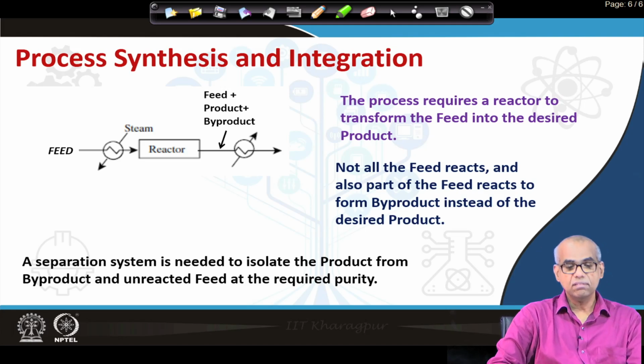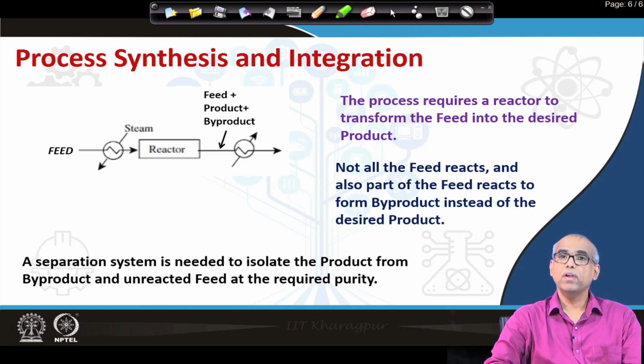So, we understand that after the reactor, we have to place a separation unit or a separation system. One separation unit may not be enough. For example, a single distillation column may not be enough to separate these feeds, products and byproducts. So, it may be possible that you have to use a separation train or a sequence of distillation columns for a specific example.